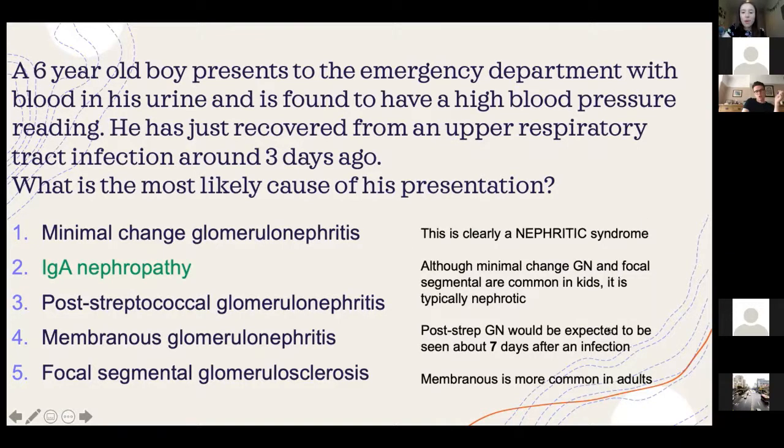Although minimal change is the most common in kids, that is a nephrotic syndrome, so you can rule those ones out. And then post-streptococcal glomerulonephritis is usually seen around 7 days after infection, and so this is much quicker. And then membranous glomerulonephritis is more common in adults.